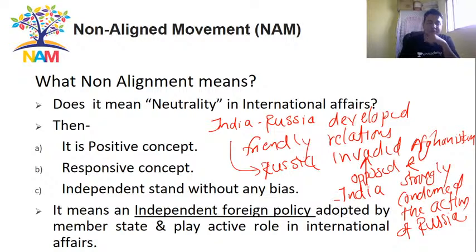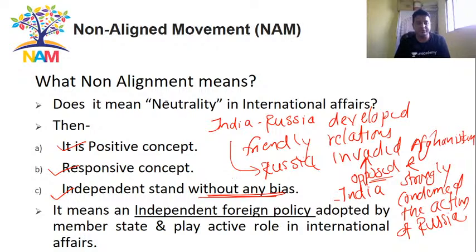That is neutrality. And as I mentioned, this is a responsive term. Neutrality here is a positive concept. It is based on response. India, this is the response, and that response is without any bias. So this is what neutrality exactly means.